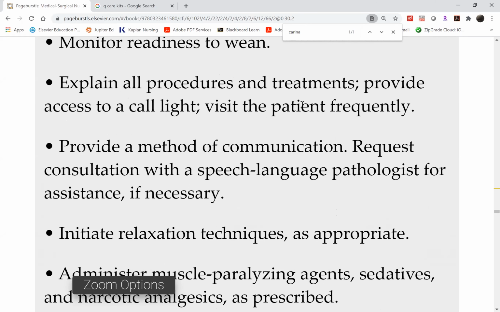Explain all procedures to the patient, so don't assume that they're sedated and can't hear you. They can hear, they just can't talk back. Every time you're cleaning them, be conscious, because sometimes we forget that the patient is there. I'm guilty of the same thing.